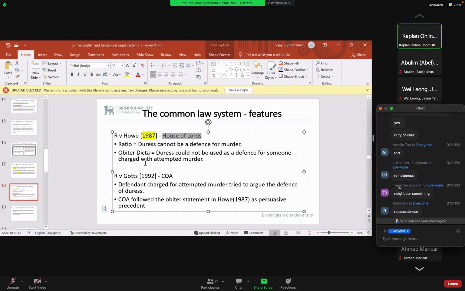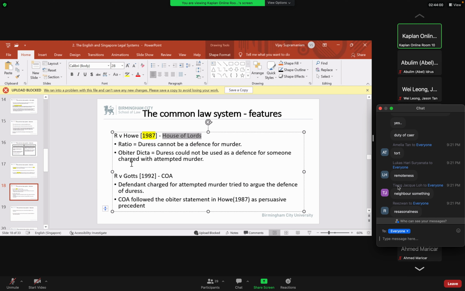Now that we have seen how the doctrine of precedent actually works, it is just to explain to you the position of the law here. Precedent can sometimes have some flexibility because of this obiter dicta.